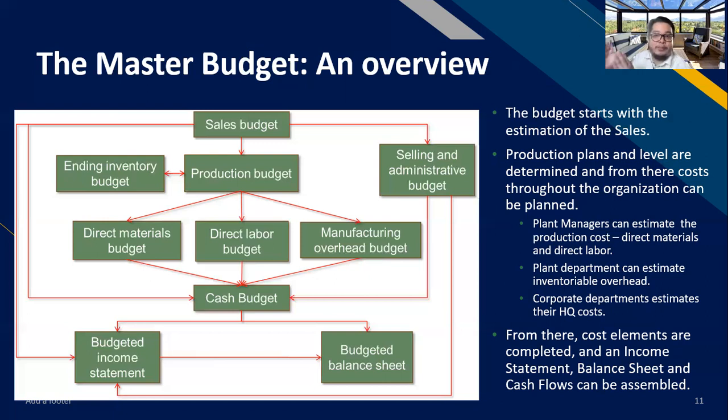And then from there, you can now construct the balance sheet. Okay. So that is the process behind a master budget preparation. Okay. It's a simple concept, but it has a lot of moving parts. And that's something that you will learn as you look at the examples in the book and the additional note that I am including as part of the package.